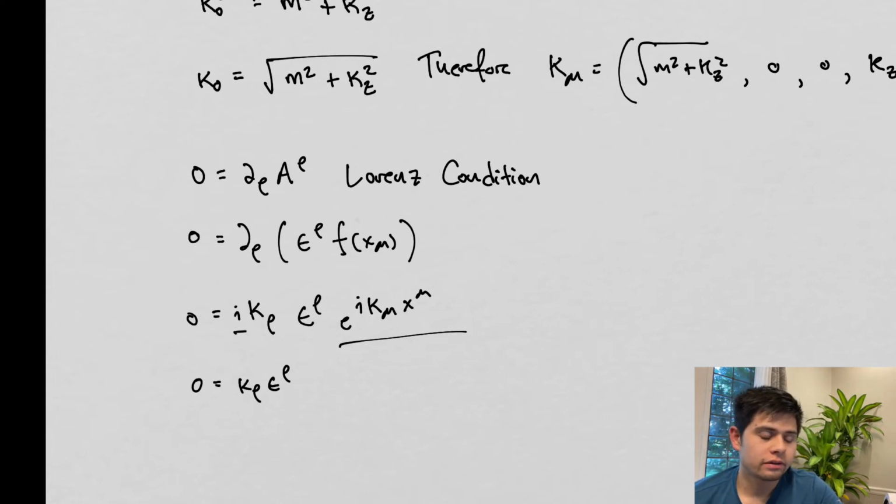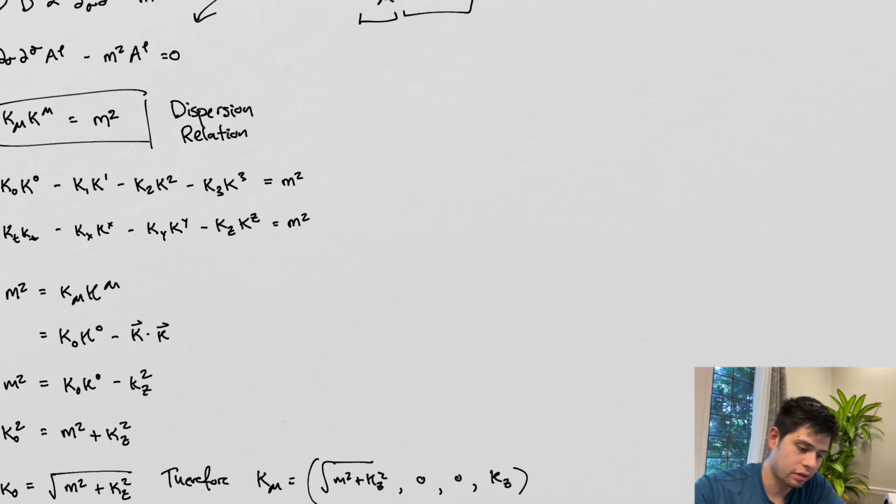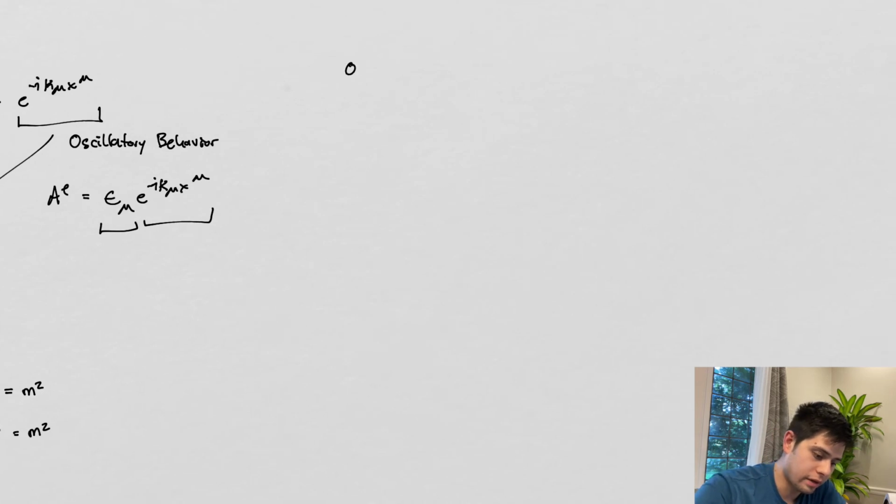And so for any field excitation traveling in the z direction, this implies, we can write this out a little bit more explicitly here. I'll rewrite it. 0 equals e rho k rho.